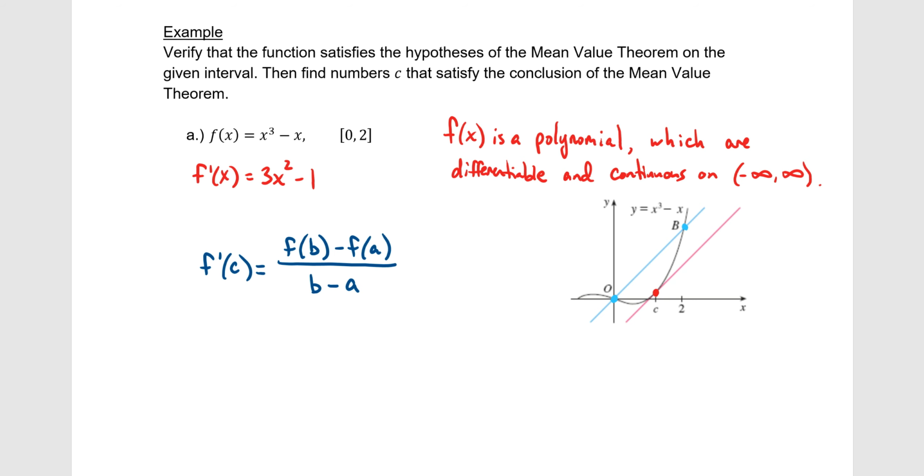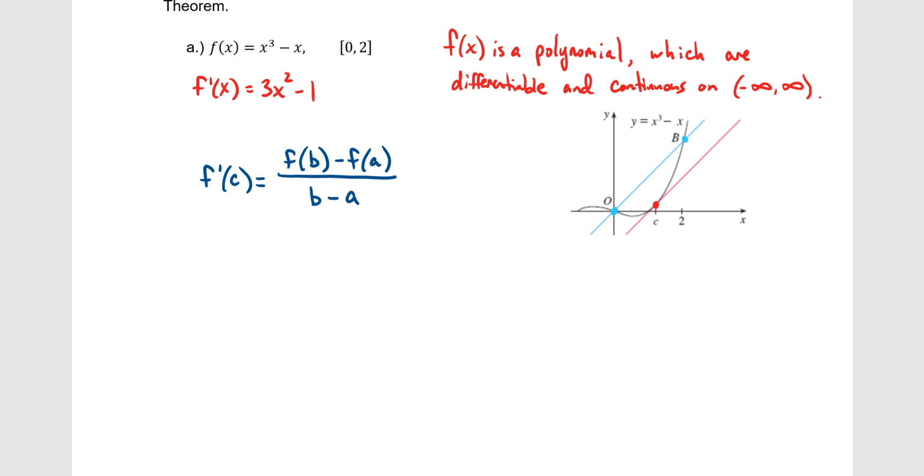So instead of writing f prime of c, we can use f prime of x and just replace the x with a c. So it's going to be 3c squared minus 1 instead of 3x squared minus 1. So all this is the derivative, but instead of an x, we have a c.